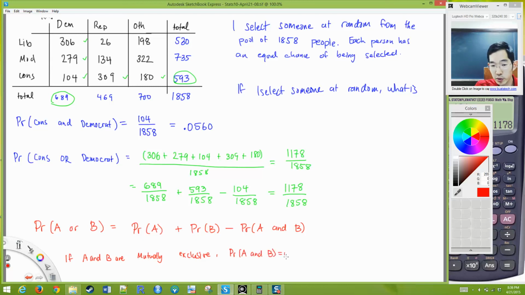A and B is equal to 0, so then the probability of A or B simplifies to the probability of A plus the probability of B. Okay? Because I'm subtracting off 0, which doesn't change our answer.